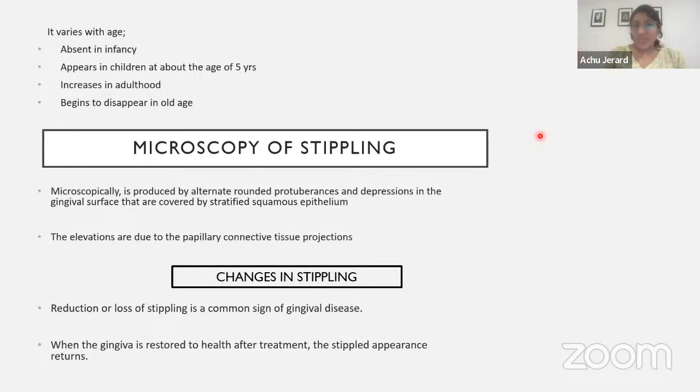That is the normal pattern seen with stippling. Stippling is a feature. We cannot say all patients with healthy periodontium will show stippling. But if stippling is present, that is a sign of healthy gingiva. In case of gingival disease, definitely there will be loss of stippling.